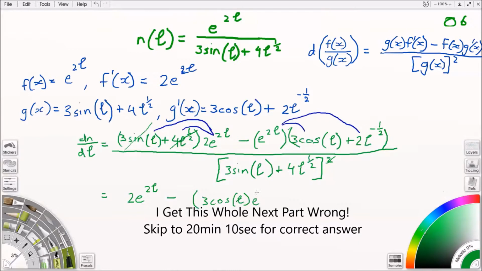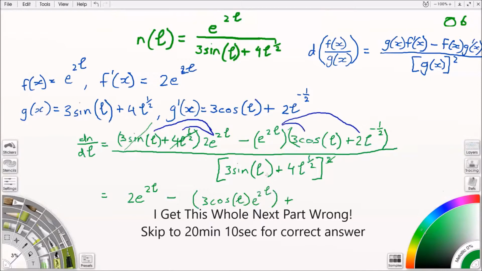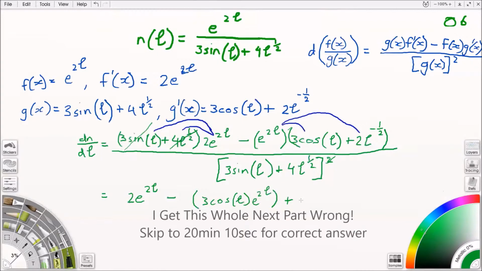E to L plus. Now we're timesing it by negative E, which keeps this one negative, of course. But what I'm thinking is this here might actually become a negative.